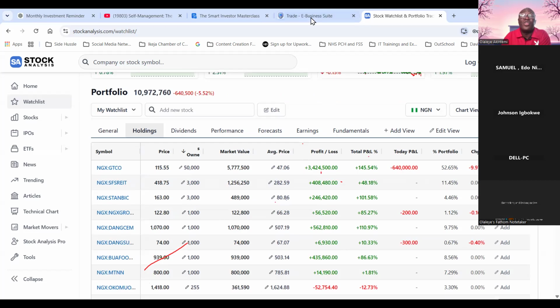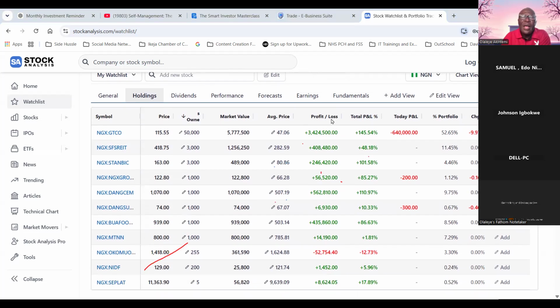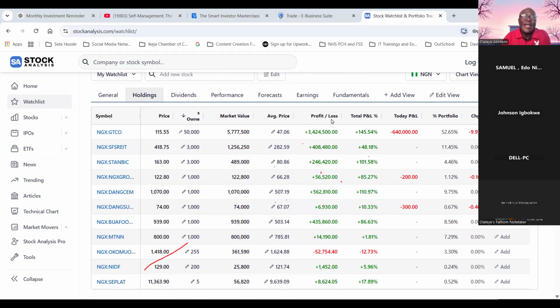The principle I am trying to follow is to make sure all my stocks have a minimum of 1,000 units. Recently, I brought MTN to 1,000 units. MTN was about 800 units before, and I've been buying MTN aggressively.